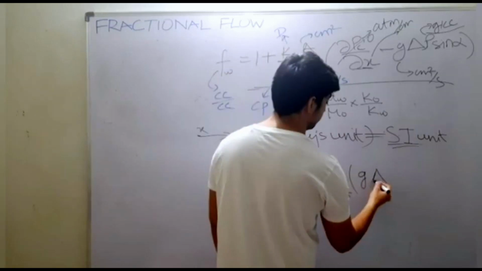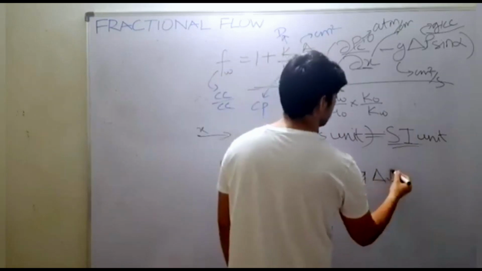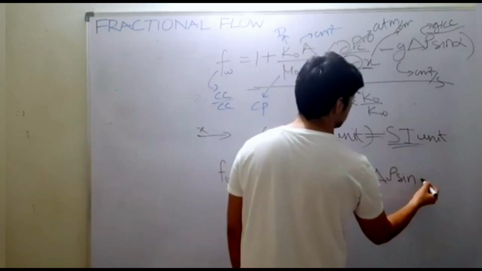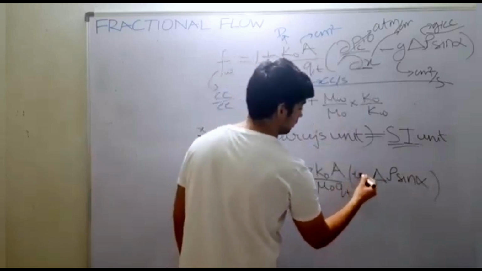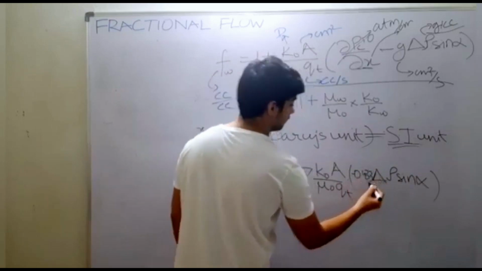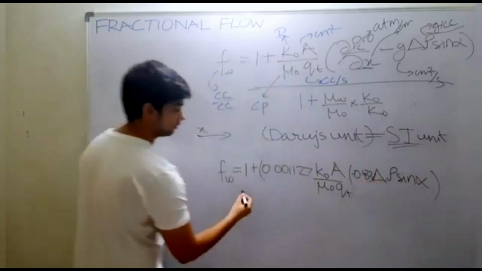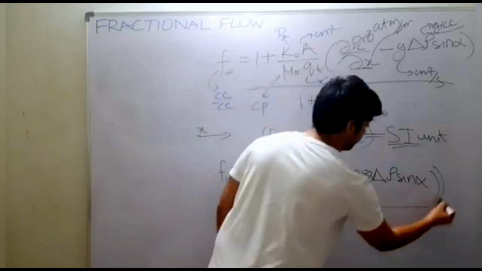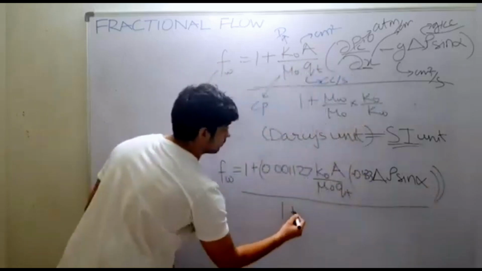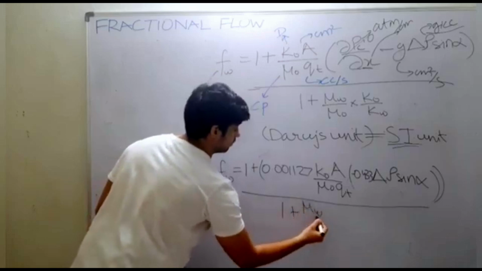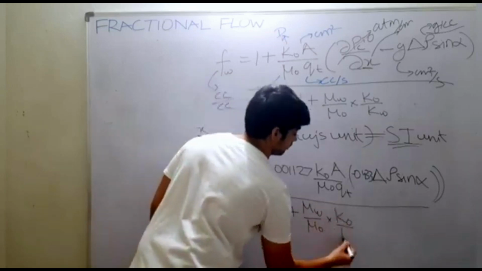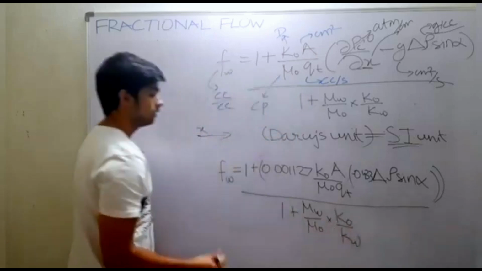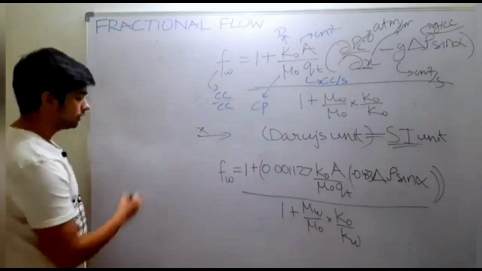And we will have this as 0.433. So this is the final fractional flow equation in field units.